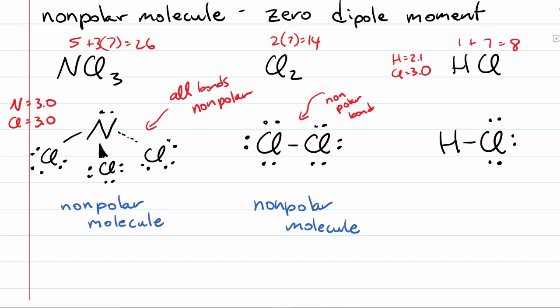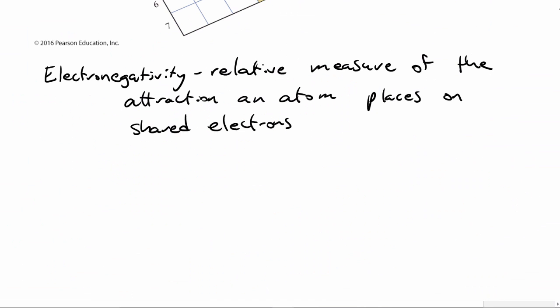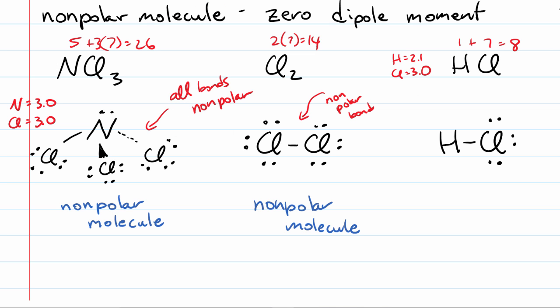And to assign the polarity works something like this, because as we defined electronegativity, we said it was a relative measure of the attraction an atom places on shared electrons. We say that the larger the electronegativity, the larger its attraction for those shared electrons. So coming back here, which of these atoms has a greater attraction for shared electrons?